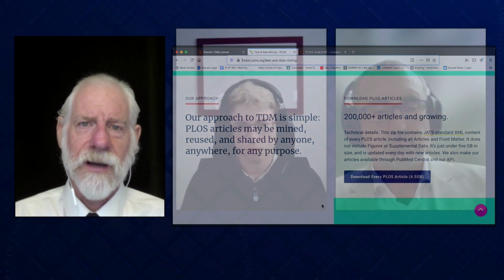You can see, I hope, and you can hear in my voice the passion with which I am committed to this issue, because there are patients with cancer out there. There are people who will benefit from this research if we unlock the potential of this technology and the creativity of these researchers to do what they can and will do, if we just get the law in line with the public benefit that flows from text and data mining research.